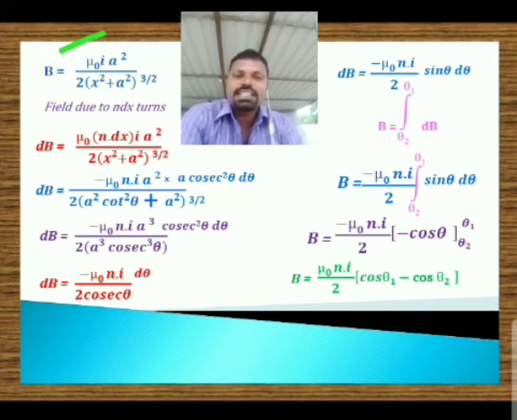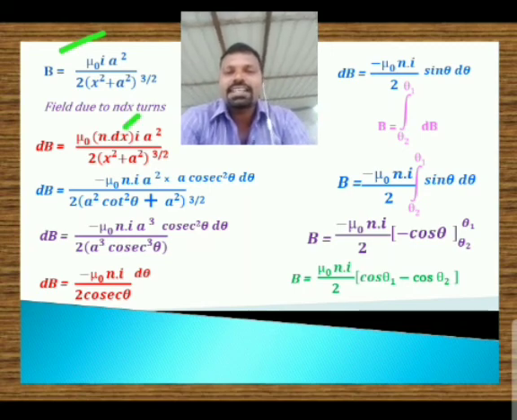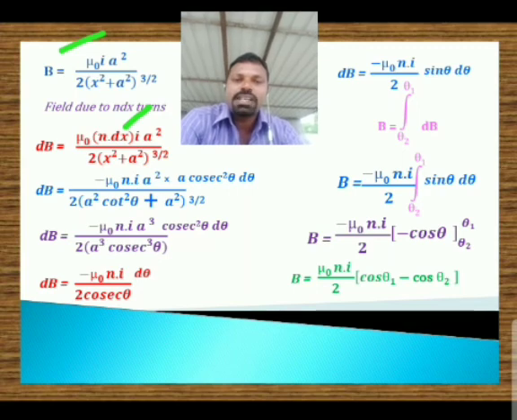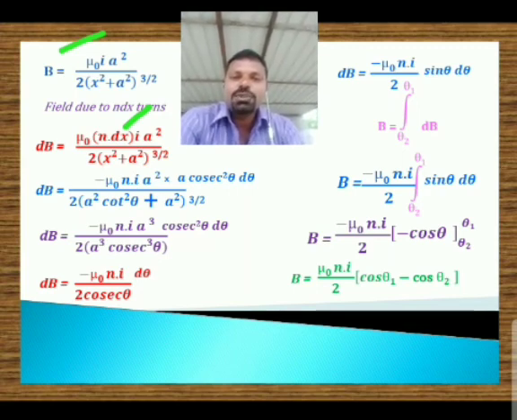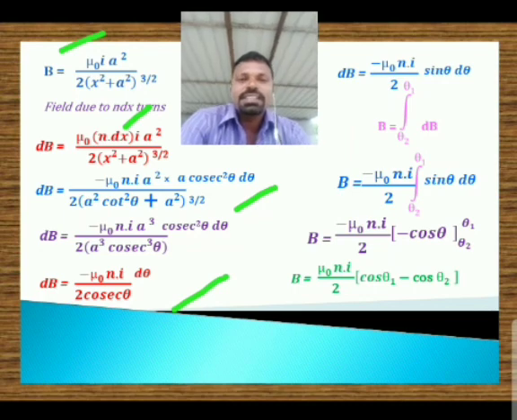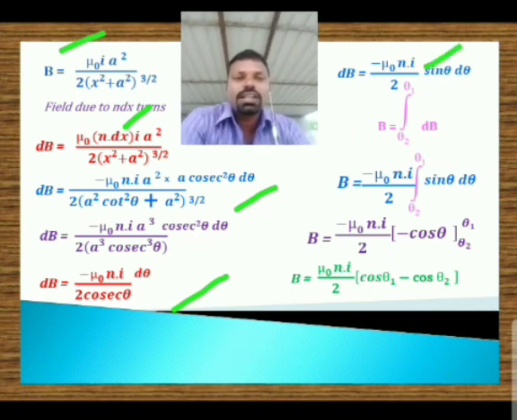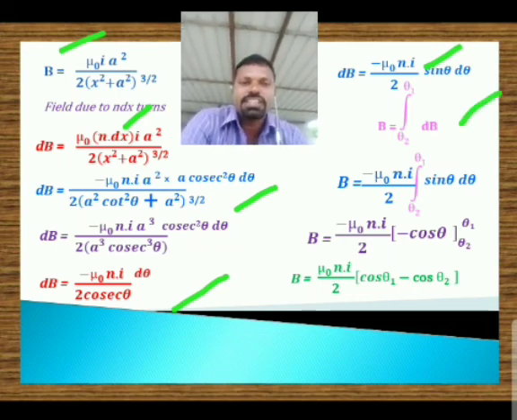If there is only a single turn, then this is my magnetic field. Let us suppose n dx turns are there, then I have to multiply with n dx. Now from the figure, substitute x and dx values, and you will get this one. Simplify this one, you will get this one. This is only for dx length. To get the total, you have to integrate this equation within the limits.